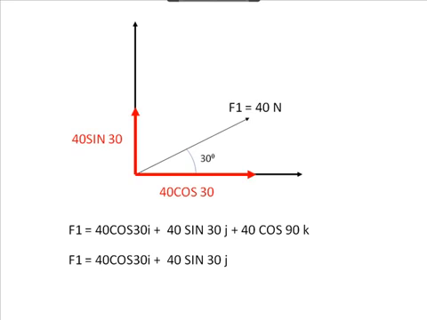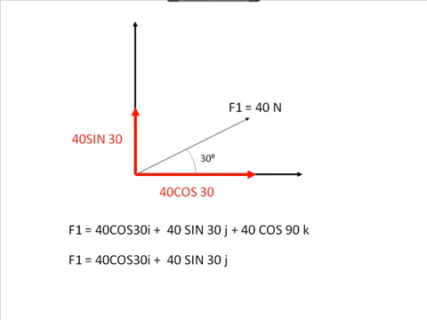Now see, this technique of resolution we need to master. Either we talk about expressing force as a vector, or we say that the force is resolved in x and y direction and the components are as shown here, 40 cos 30 and 40 sin 30.